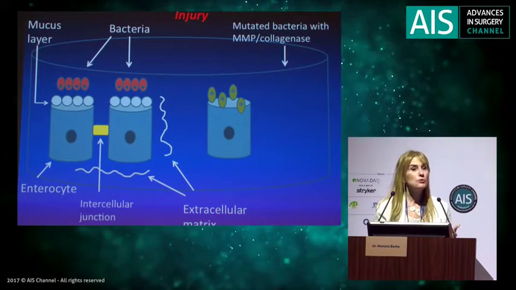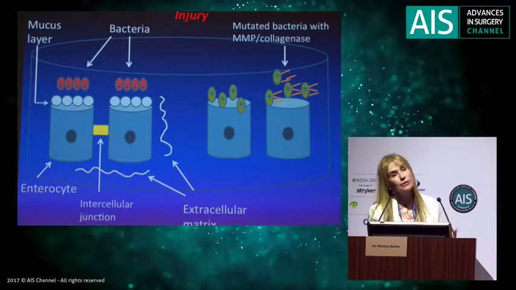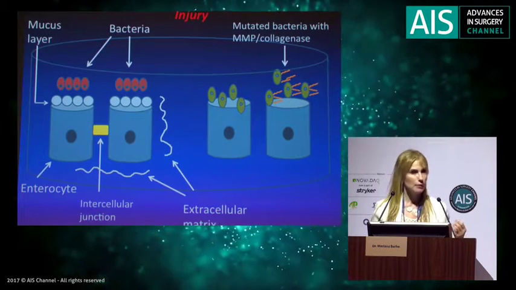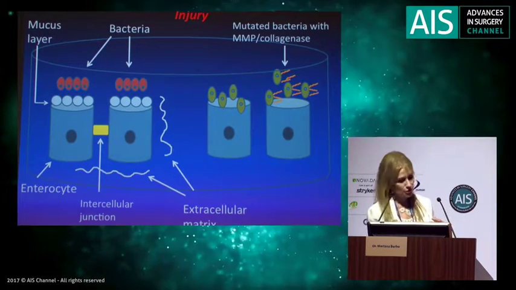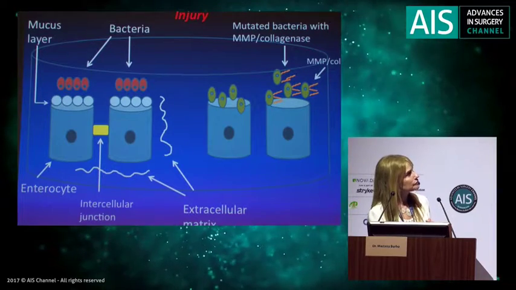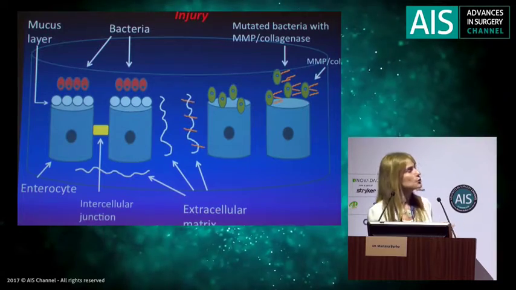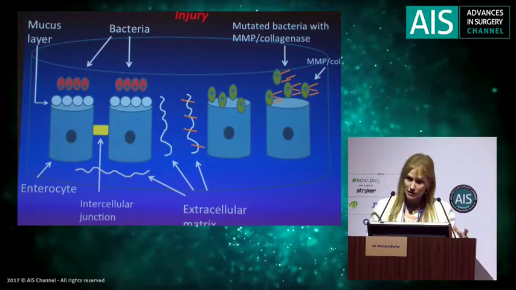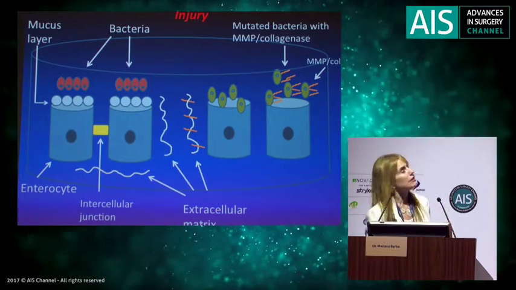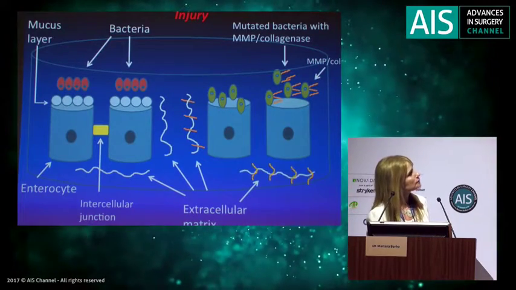And the ones that mutate are going to start secreting all kinds of enzymes that destroy the extracellular matrix. So you can imagine that when that happens, we cannot reconstitute the extracellular matrix that is going to maintain together the area of anastomosis.